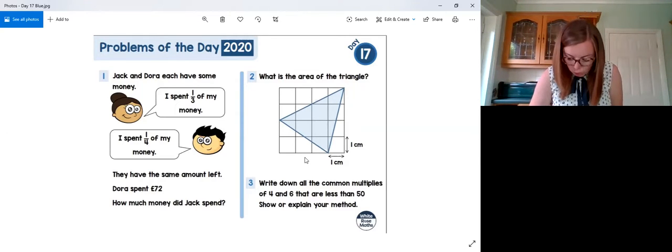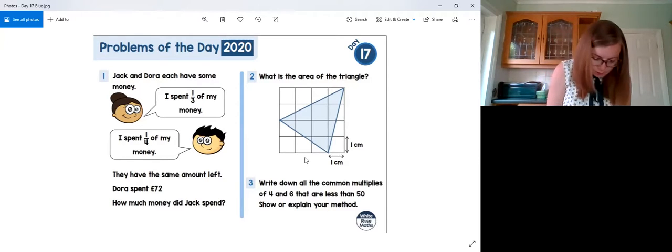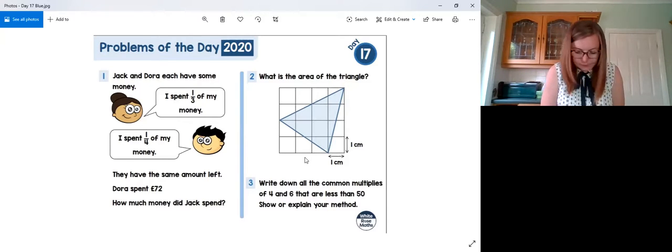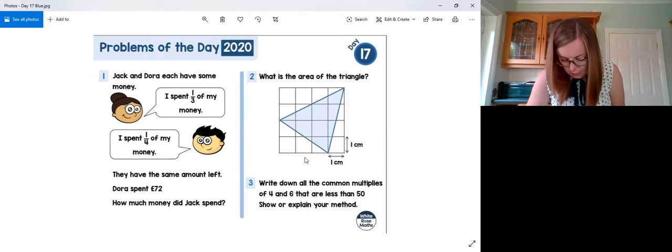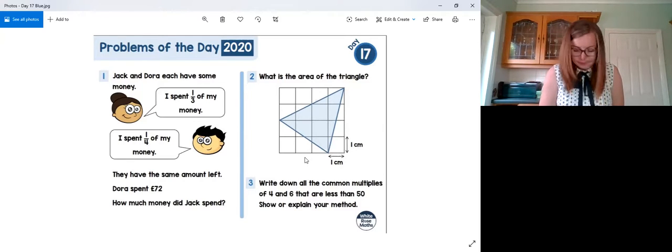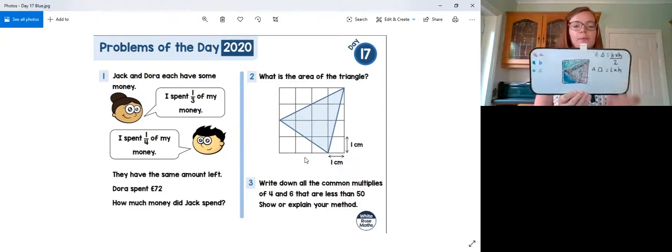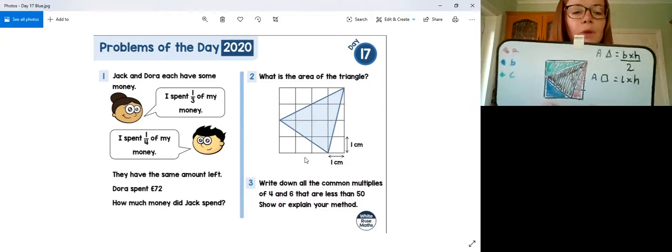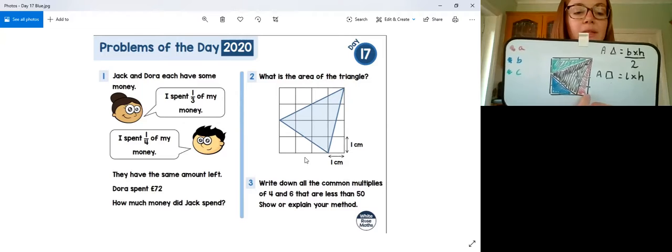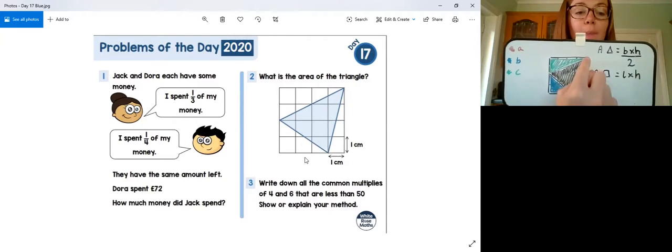So let's call the red one triangle A. I'm going to colour in a blue one, and that's going to be triangle B. And I'm going to colour in the green one to be triangle C. Now, if you look at my diagram, we can see that we have a base, then a right angle and a perpendicular height.